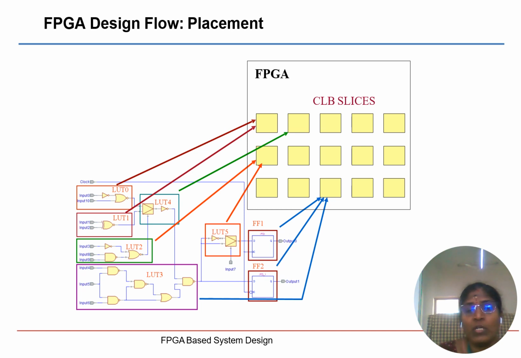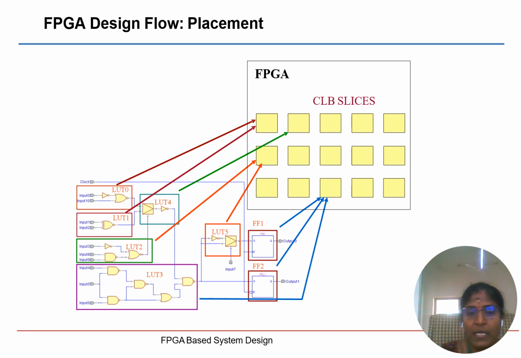Now you look, there are so many configurable logic block slices. Each LUT is to be placed in the configurable logic block: LUT 0, LUT 1, LUT 4, LUT 2, LUT 5, then LUT 3. Like that, each and everything is going to be incorporated into the configurable logic block.